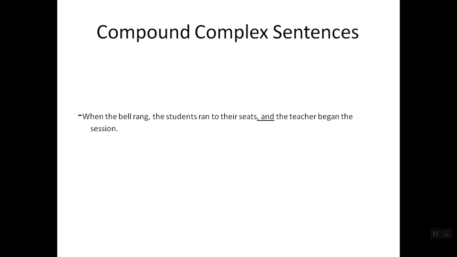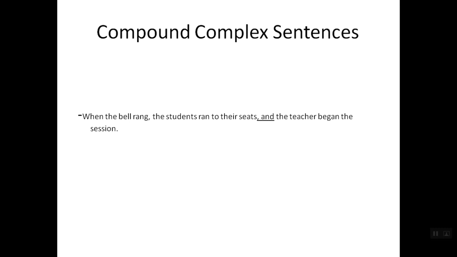The students ran to their seats. Yes, it is an independent clause. What if you say it alone? The students ran to their seats. Does it make sense? Yes, of course, it makes sense. So it is an independent clause. So we have now one dependent and one independent.